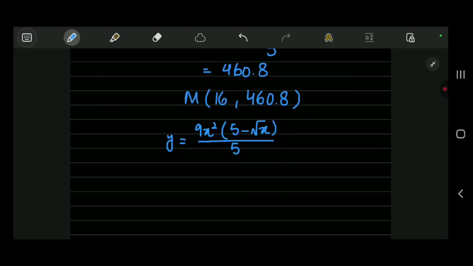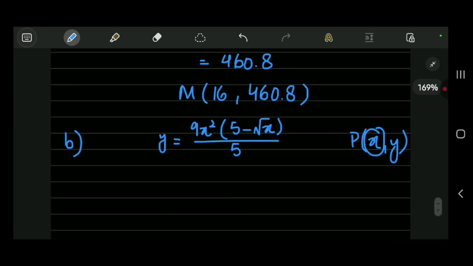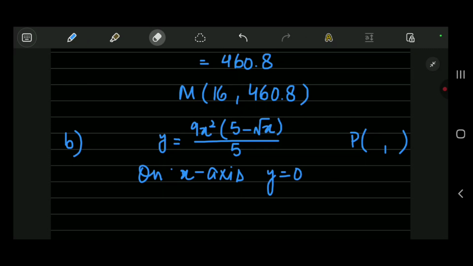Part B says find the x coordinate of point P. So let's find, putting y equals 0 on the x-axis, here also we need to find x when y is 0.